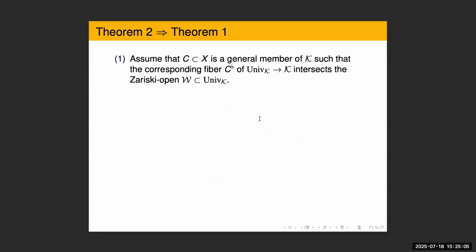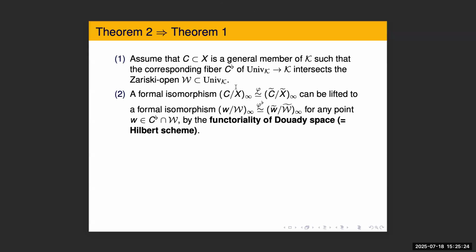Why? So suppose you have a general member C, and then you have the corresponding fiber of the universal family such that it intersects the open set W. Now, if you have a formal isomorphism from this C to another rational curve in another manifold, then it can be lifted to a formal isomorphism between a point on the universal family because of the functoriality of Hilbert scheme.